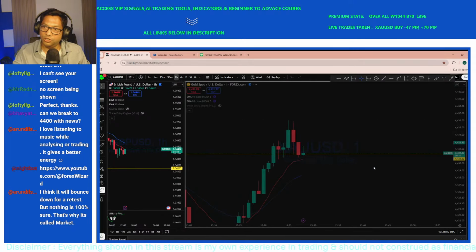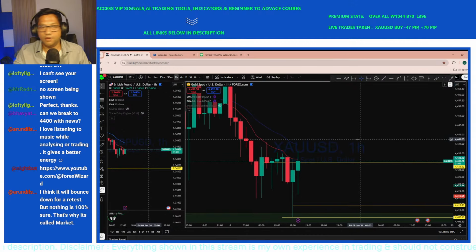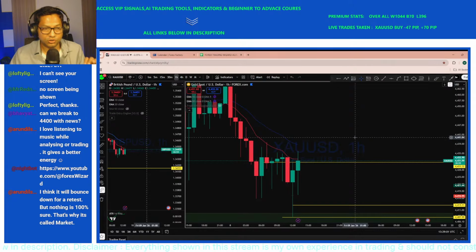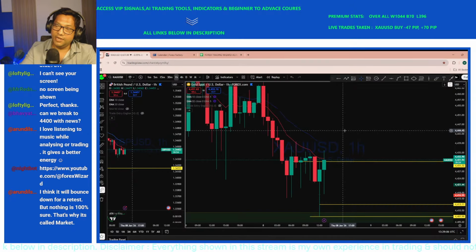There is an initial move. So the way the market structure is formed, the price action might bounce off that level, and at the same time, it's true that the market can do anything. It can go in any direction.